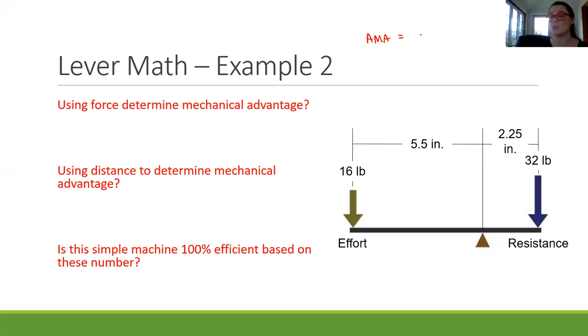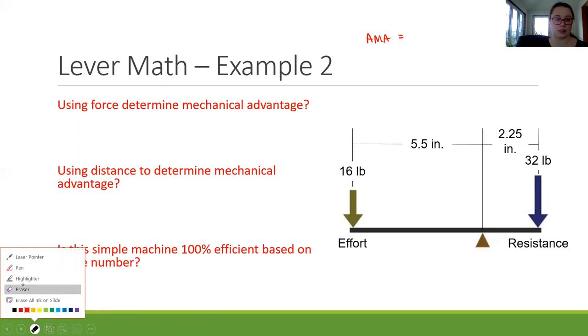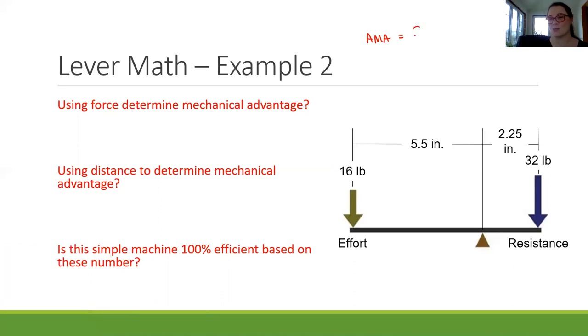Actual mechanical advantage uses force because it can be affected by the force of friction. It's going to be force on my load divided by force of effort.